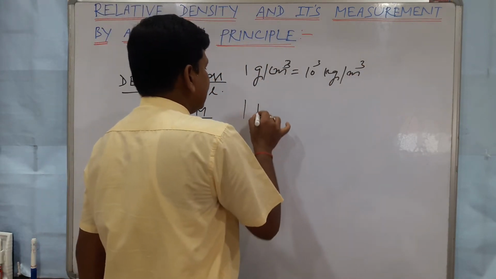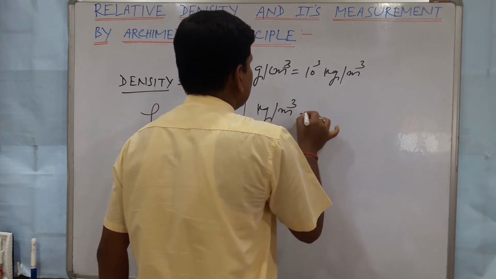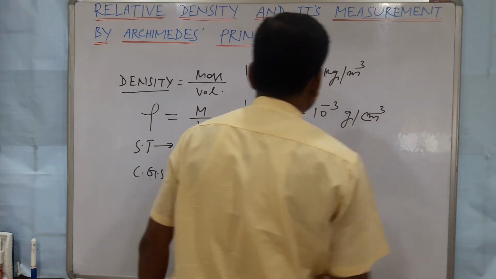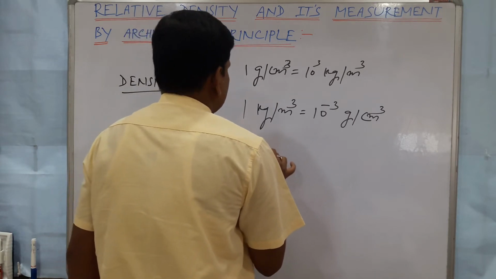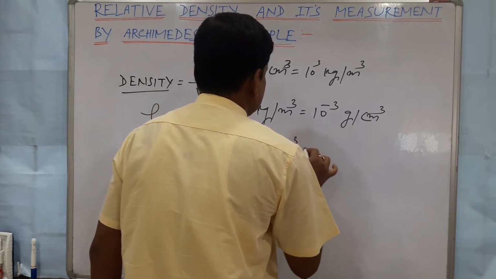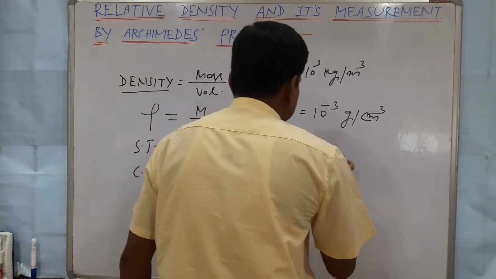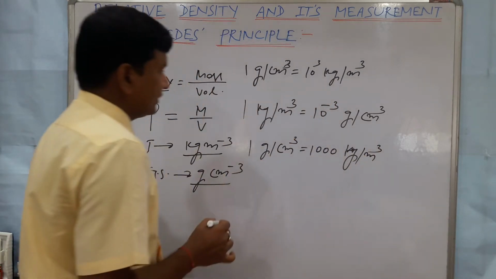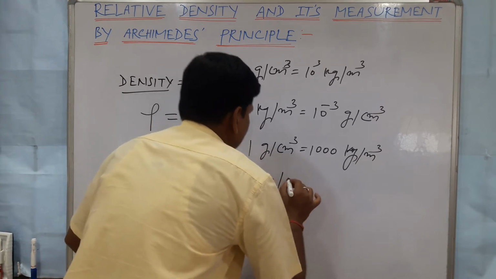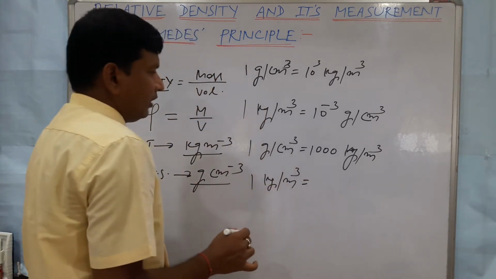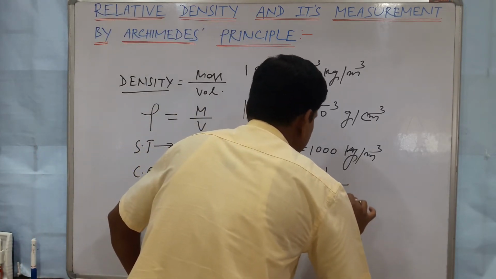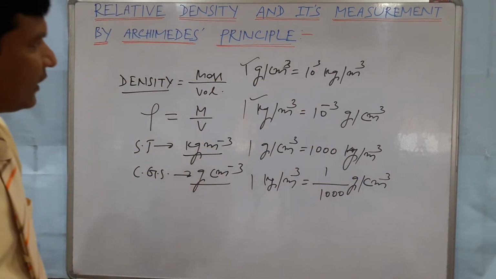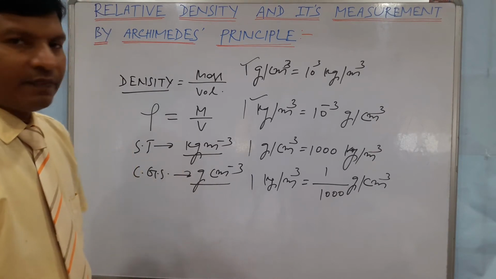Or 1 kg per meter cube is equal to 10 to the power -3 gram per centimeter cube. 10 to the power 3 means 1000. So 1 gram per centimeter cube is equal to 1000 kg per meter cube, whereas 1 kg per meter cube is equal to 1 by 1000 gram per centimeter cube.